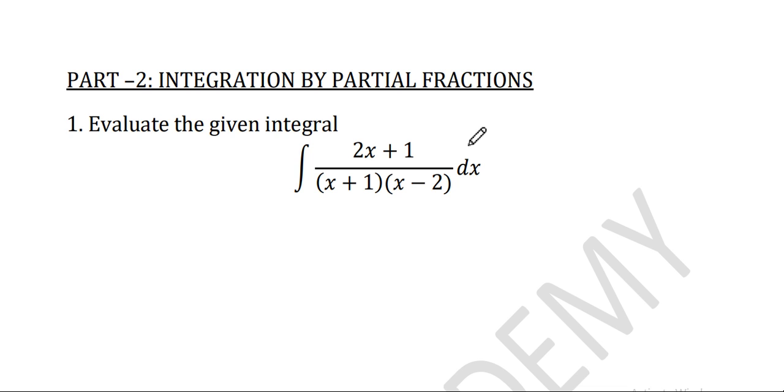You can take something common, then adjust, and then easily solve that. If you can solve by observation, then it is not necessary to use partial fractions. Using partial fractions will just take some time to solve the problem.